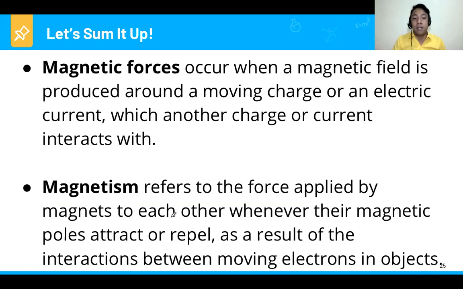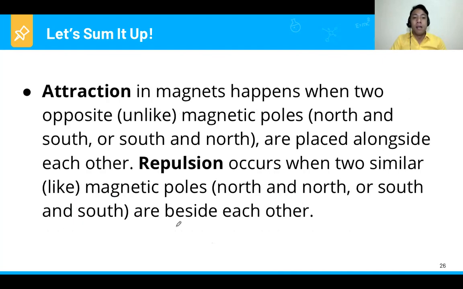Doesn't matter. It's still a magnetism. Attraction occurs if the magnets have unlike poles. Repulsion occurs when two similar magnetic poles are beside each other. Okay, so unlike attract, like repel.